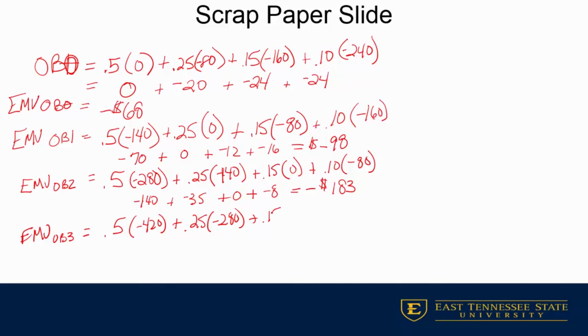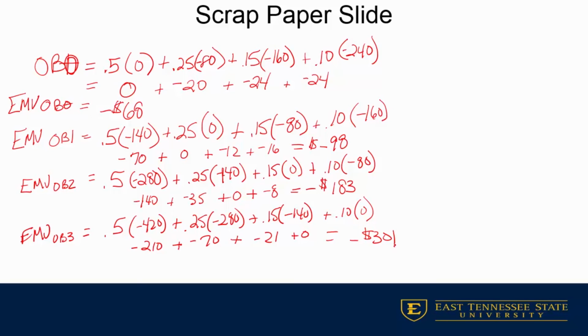Plus 0.15 probability of 2 cancellations, we would be out $140, and 10% or 0.10 probability of having 3 cancellations, and we would break even there. Doing the math here, we're going to have a negative 210 plus a negative 70 plus a negative 21 plus 0. So overbooking 3 rooms would give us a negative $301.